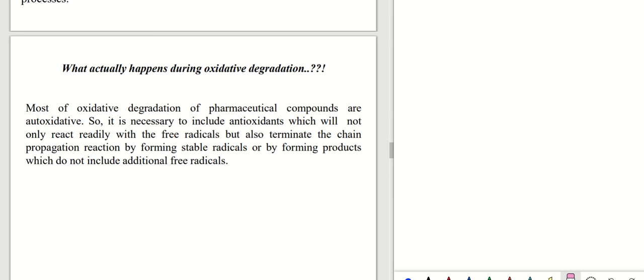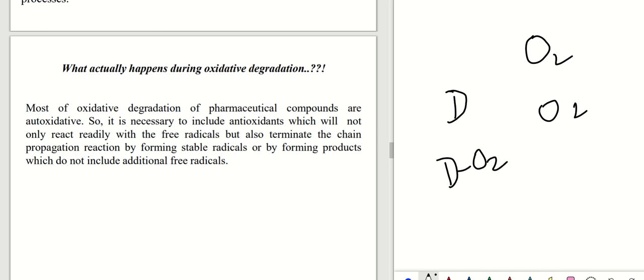For example, if this is the drug molecule, and when this is exposed to atmospheric oxygen directly, it undergoes oxidation. The oxidized product of the drug will be formed. This will not have any effect.